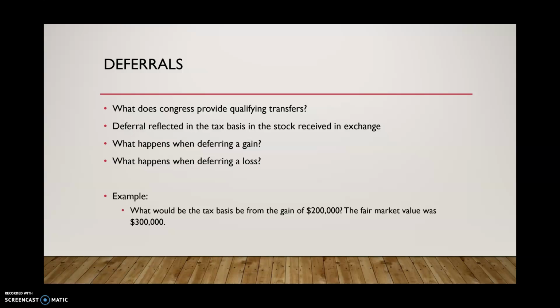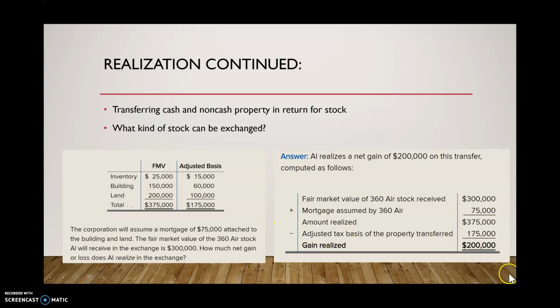So if you look here, in my example, we're going to take this $200,000 gain that we have realized from our amount realized, the fair market value added to the mortgage as listed here in the equation, and then minusing the adjusted tax basis of the property transferred. So we're transferring this property here, the inventory, building, and land, and our adjusted basis on that was 175.